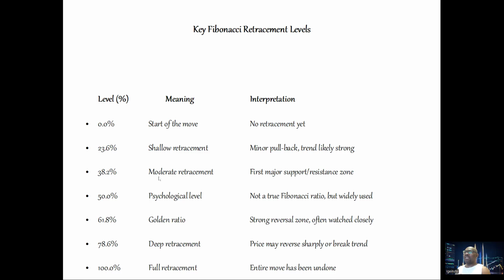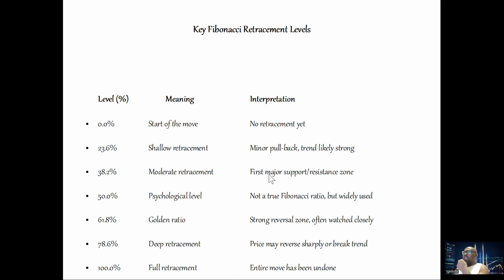At 38.2%, we now say the retracement is moderate. That means you will notice, okay, this is a retracement, and we call it the first major support or resistance zone. If it's a bearish market, we'll say a resistance zone.